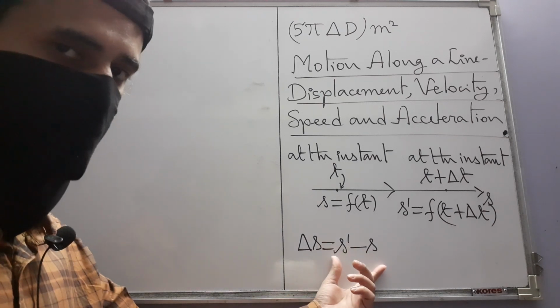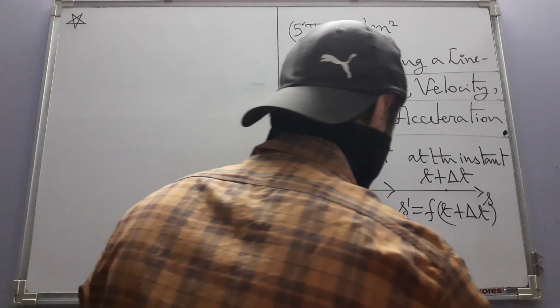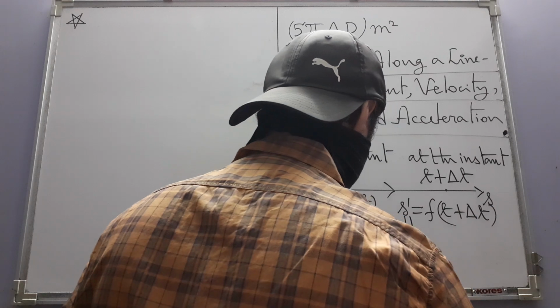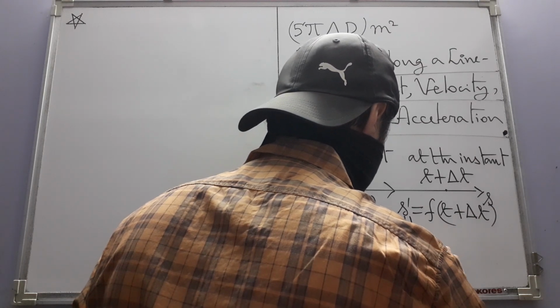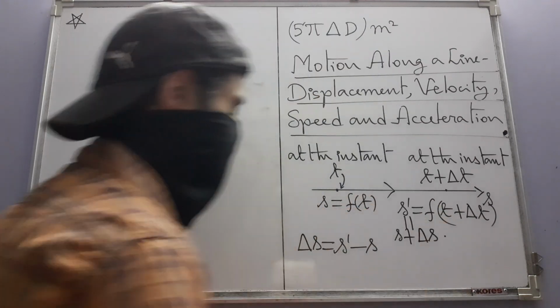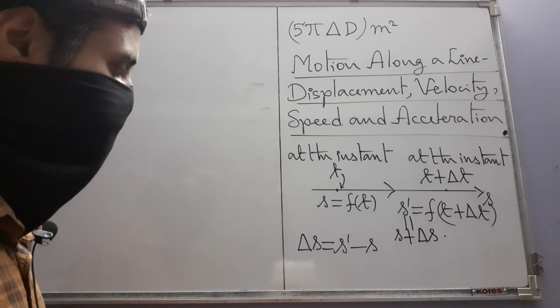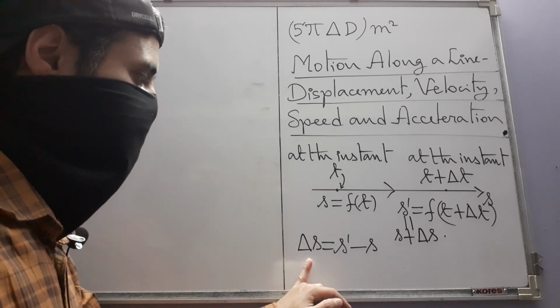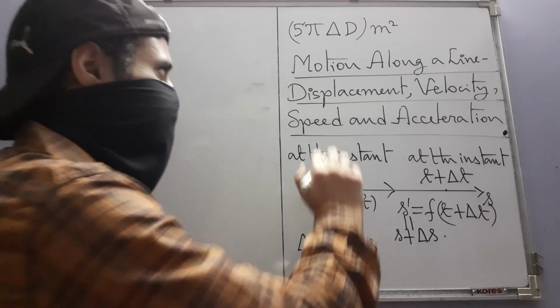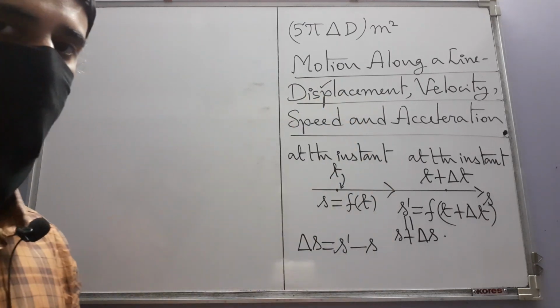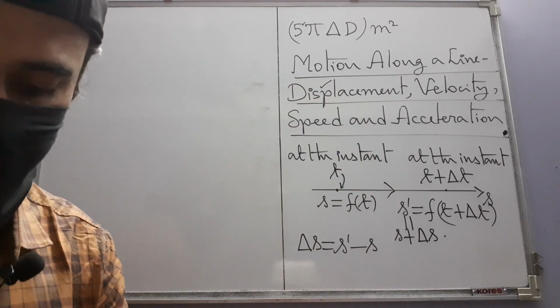Then in place of s prime, I can write s plus delta s. It's simple enough. And this delta s has a name. It's called displacement. Let us now write the things.